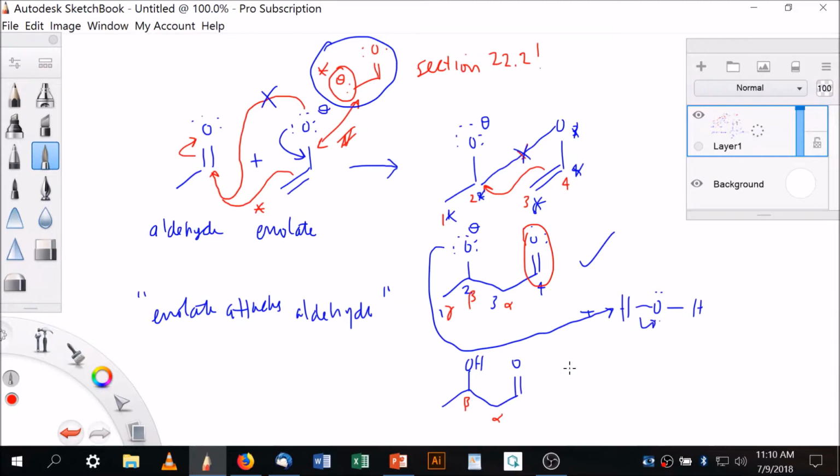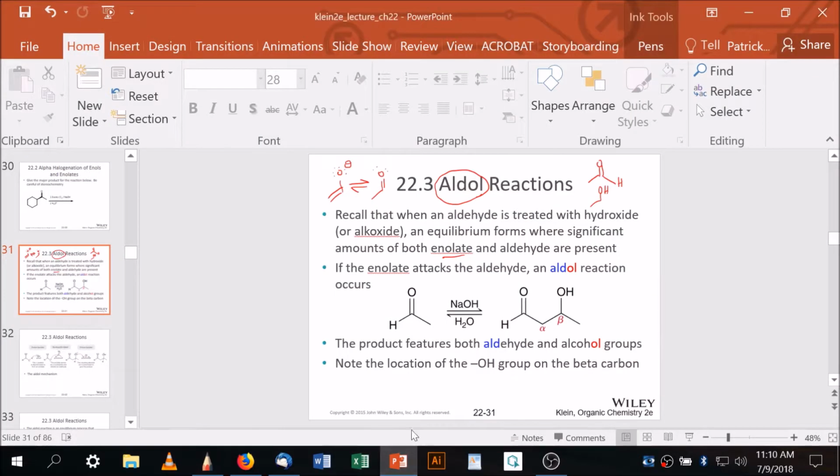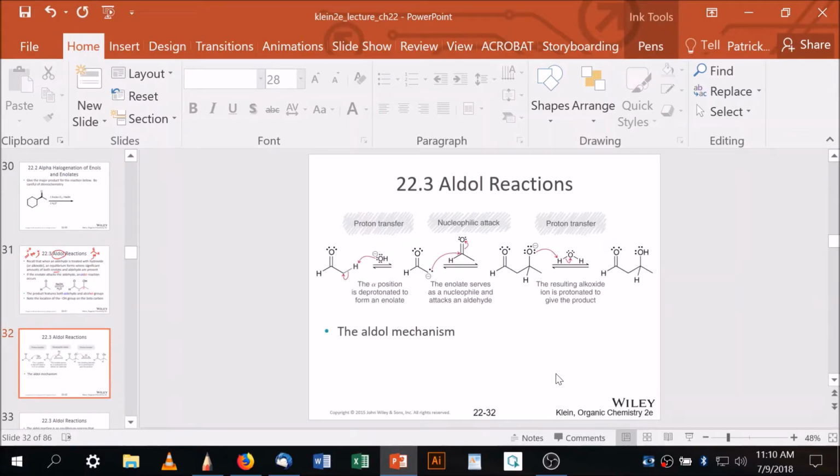And this is called, watch this, a beta hydroxy carbonyl, right? Because we have a hydroxy on the beta carbon. All right. So note the location of the hydroxyl on the beta carbon. All right, we're gonna roll. That was a long slide.